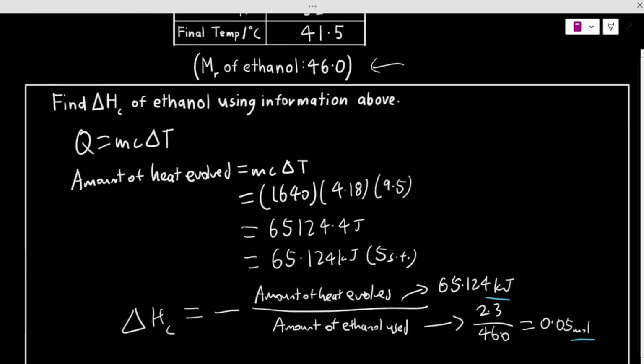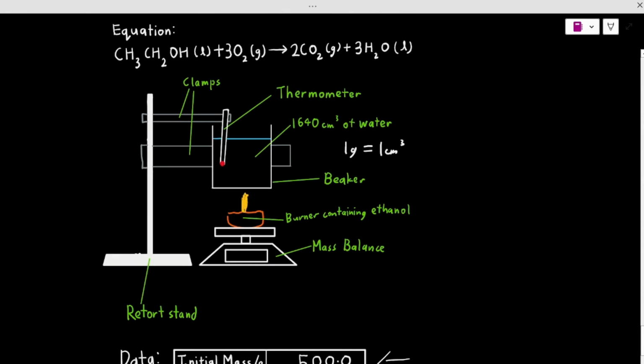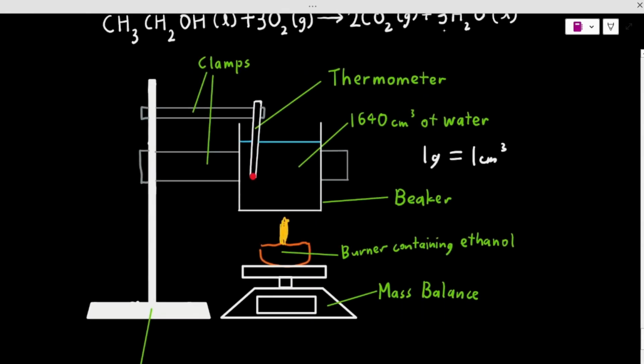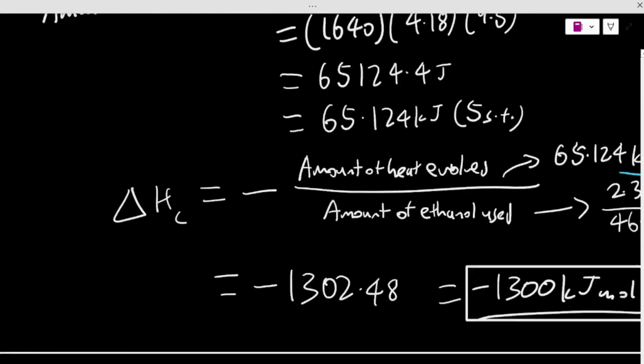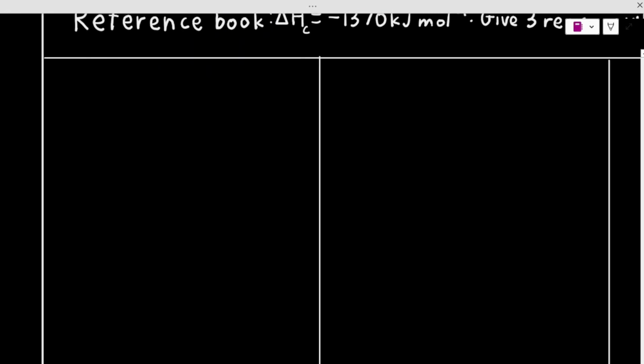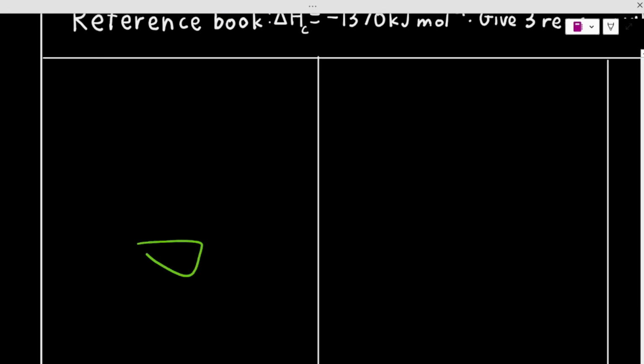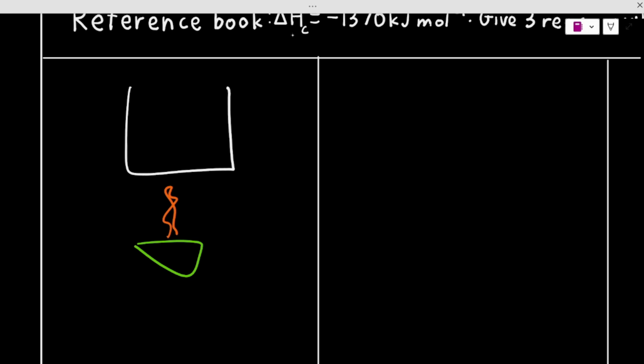Well, let's take a look back at our setup. Here, we are having a burner containing ethanol heating up the beaker. But is all the heat going to go there? If we have a burner and this is our beaker of water, not all the heat evolved is actually going to be channeled into the water.